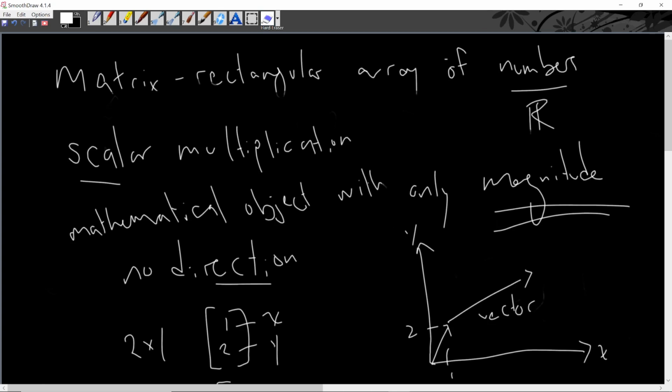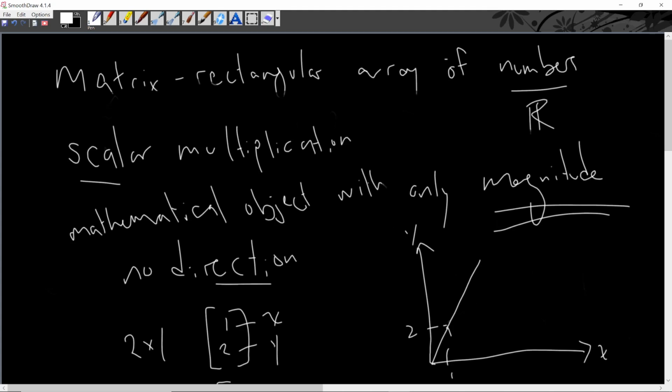If we were to multiply two vectors, they will go in different directions because these are not the same, right? But if we multiply a scalar to an existing vector, we simply increase the magnitude.